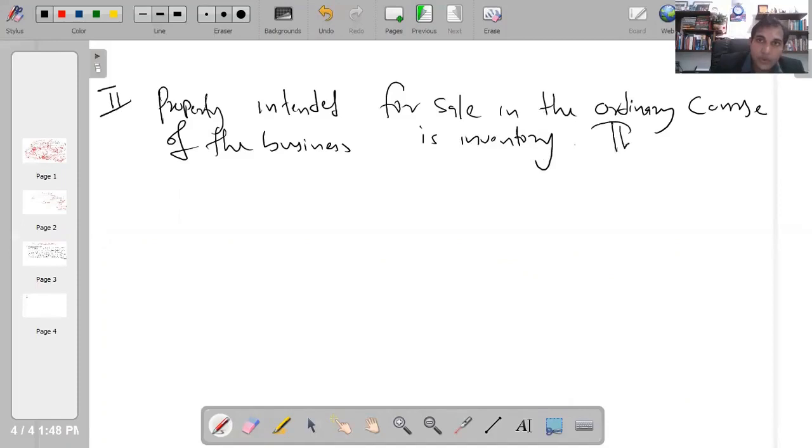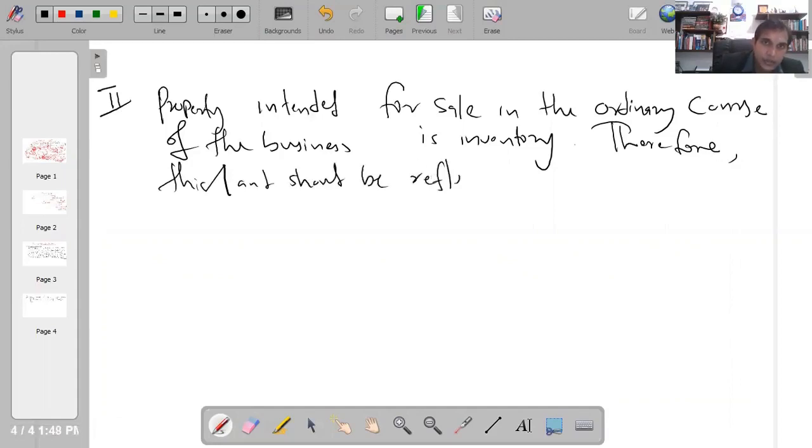Therefore, this land should be reflected as inventory.